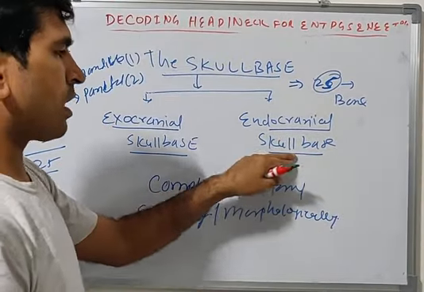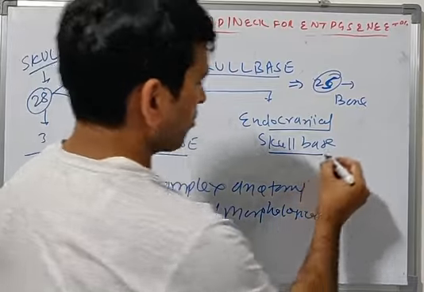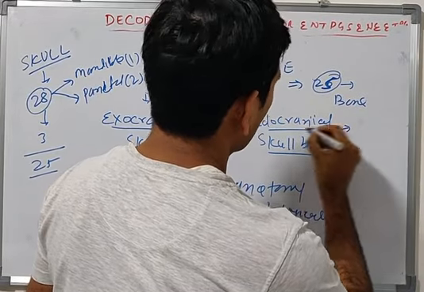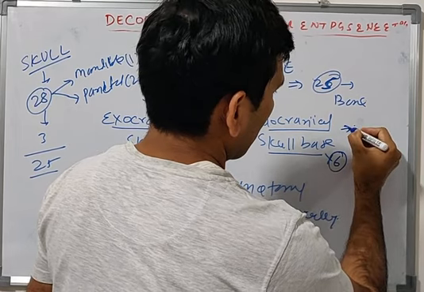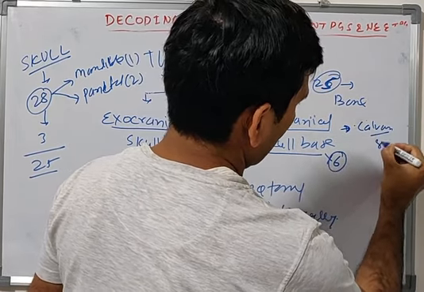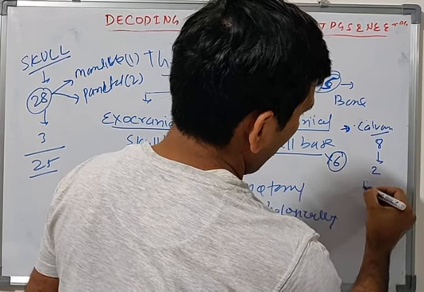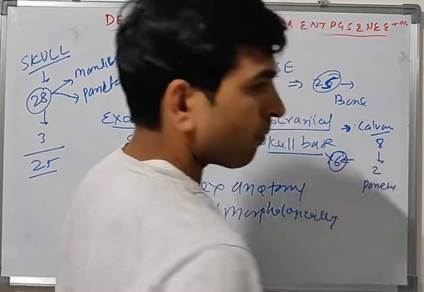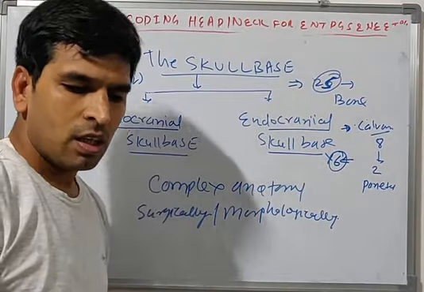Now the endocranial skull base, the interior of the skull, is formed by 6 bones. The exocranial skull, that calvaria, cranium, is made by 8 bones. If you remove 2 parietal bones, you will get 6 bones.